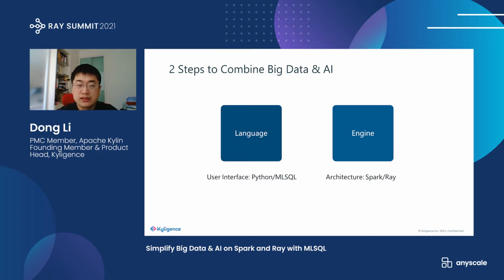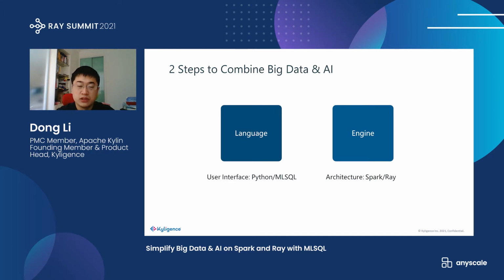When data scientists do machine learning and AI on big data, mostly they care about two things. The first one is the language, which is the user interface for data users to interact with the machine. Usually, they like to use Python the most, and ML SQL is positioned here.